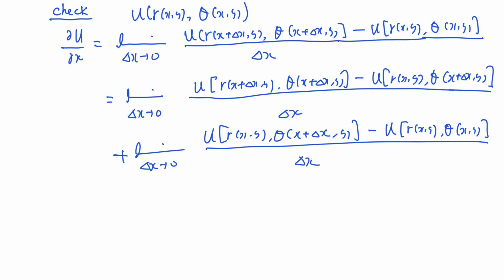Actually this term and this term will cancel each other, right? You subtract u(x, theta(x plus delta x, y)) and then you add the same thing. So it's basically 0, right? So this is basically plus 0.